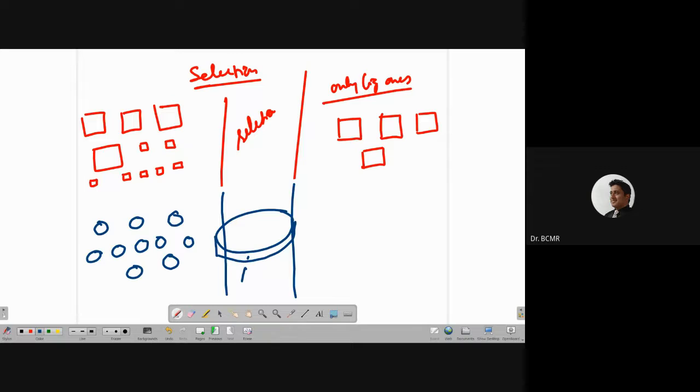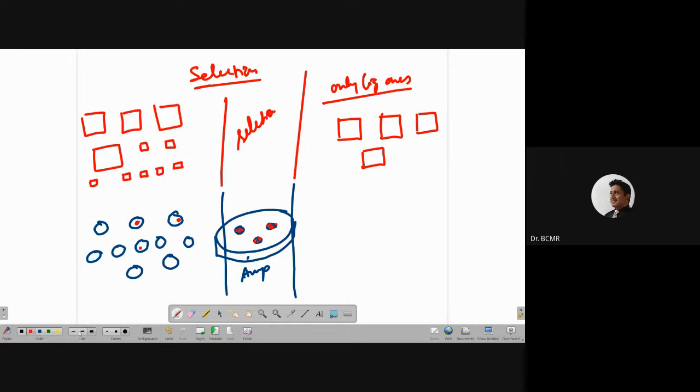The nutrient agar should have ampicillin. Those that have resistance to ampicillin would survive, and the rest of the cells would die. Those that are resistant would make colonies. You will get 3 colonies, assuming that is the number. So you are selecting the organisms with the trait.